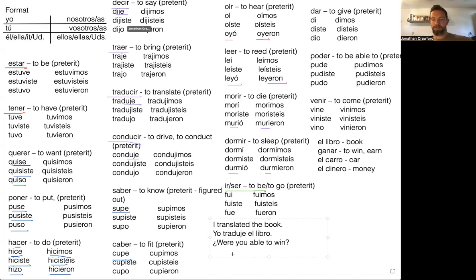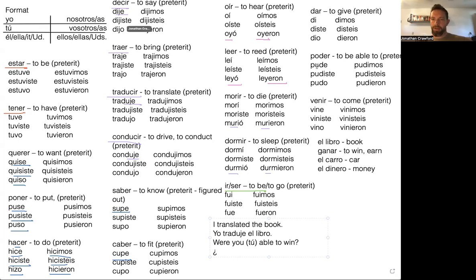I'll give you a clue. It starts with an upside down question mark. I guess in English it doesn't have one of those, but in Spanish it does. So you, and let's say it's you in the tú form. Because technically it could be the usted form as well, right? Well, let's do it in the tú form.